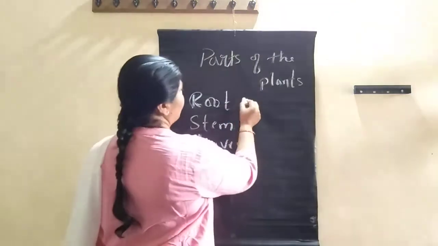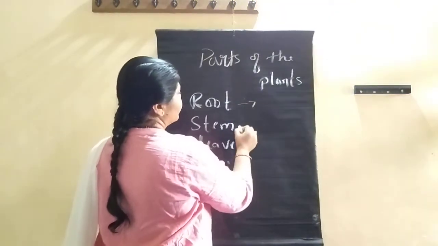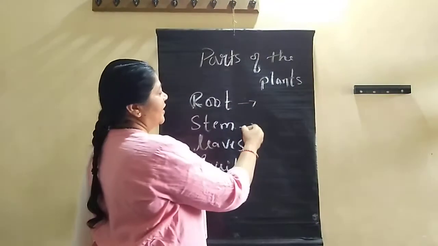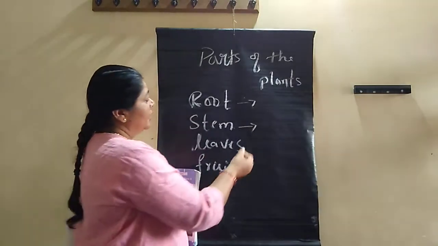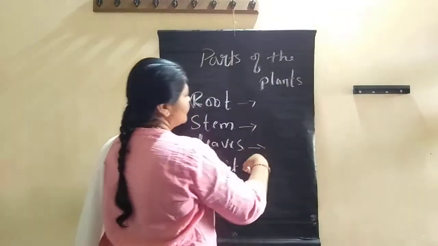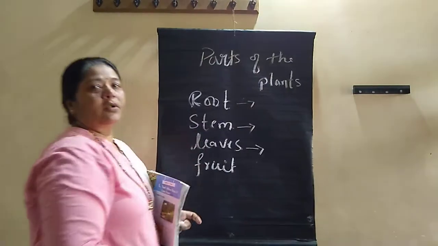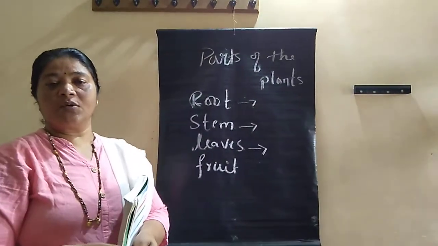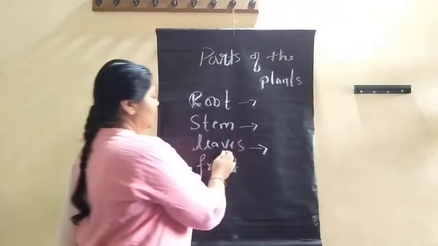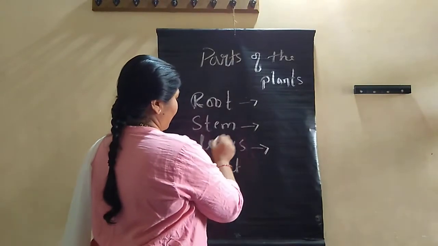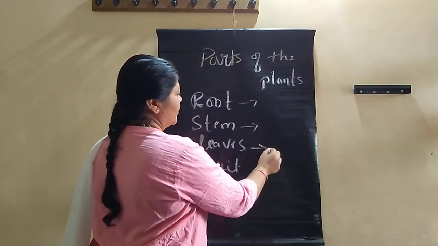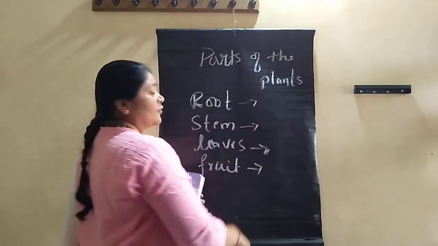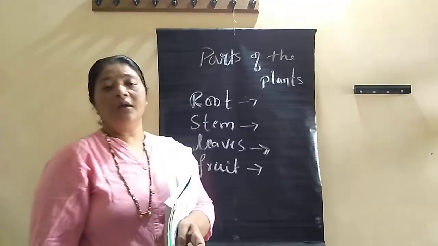Root absorbs the water and minerals. Stem helps in supporting and transporting food, water and minerals. Leaves help in the production of food. The leaf is also called the kitchen of the plant, and here the food is prepared. And the fruits help in storing food.